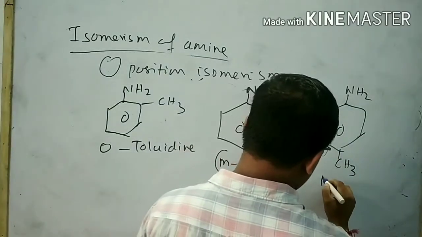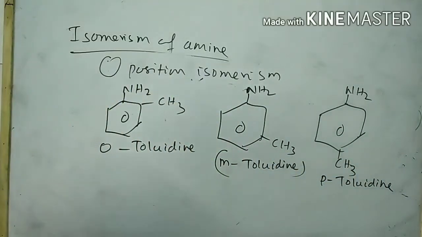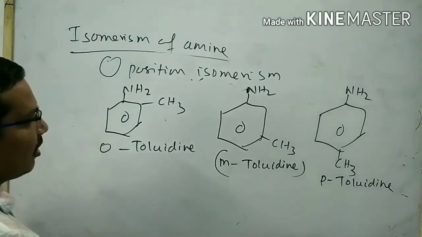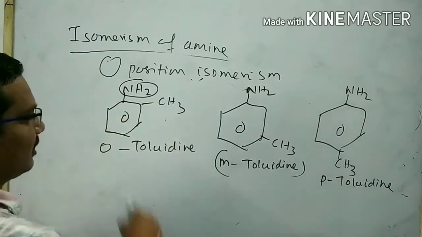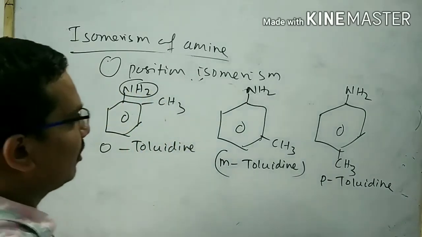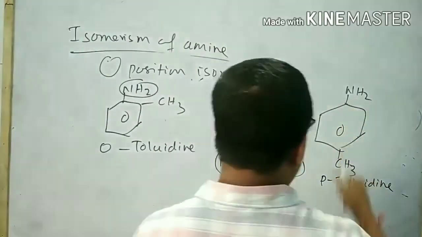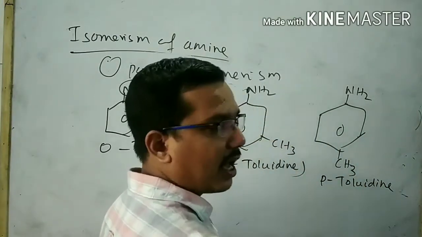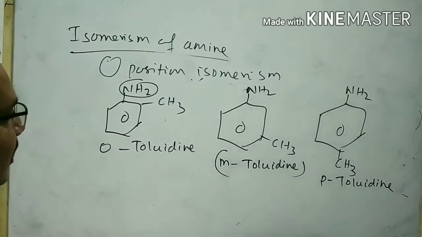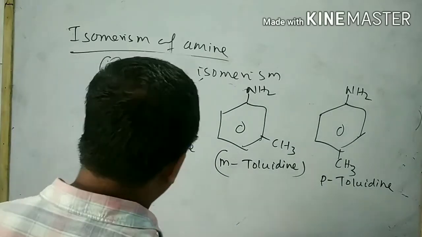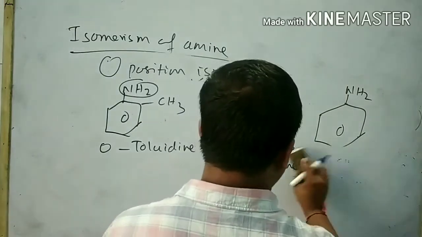The name of this compound is para-toluidine. All three compounds have the same formula, but the position of NH2 is different. Here CH3 is ortho to NH2, here they are meta to each other, and here NH2 and CH3 are para to each other. That means they differ in position. The position of NH2 changes from one molecule to another, so these are position isomers of each other.